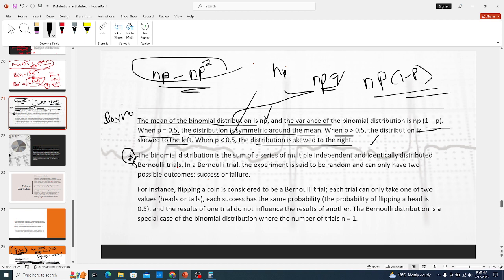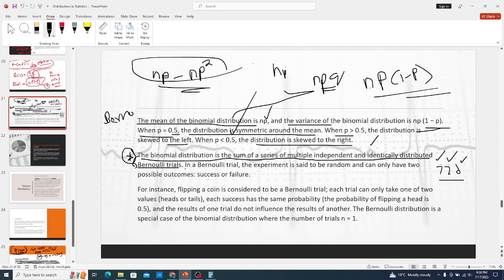The binomial distribution is the sum of a series of multiple independent and identically distributed Bernoulli trials, that is, IID: independent and identically distributed trials.